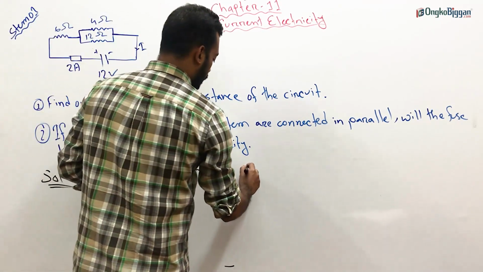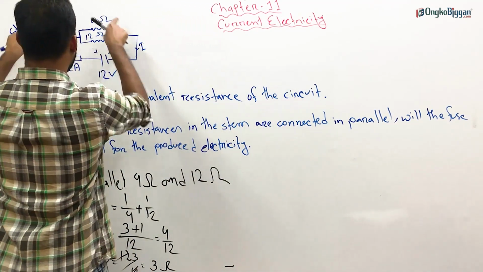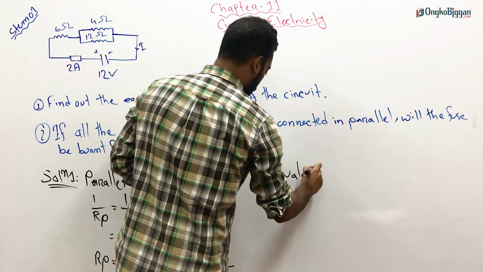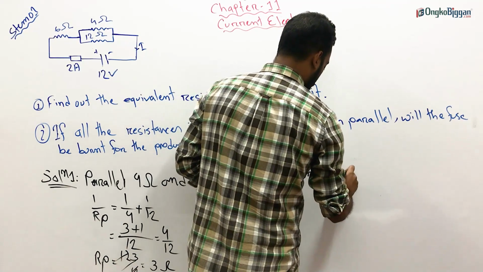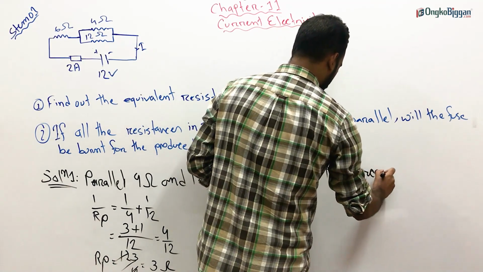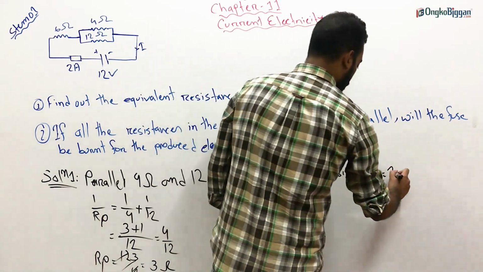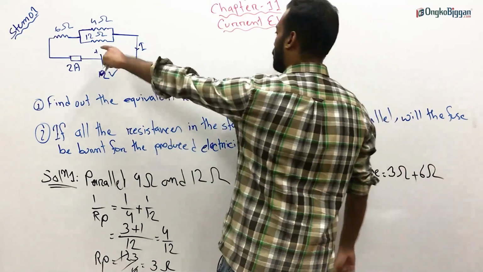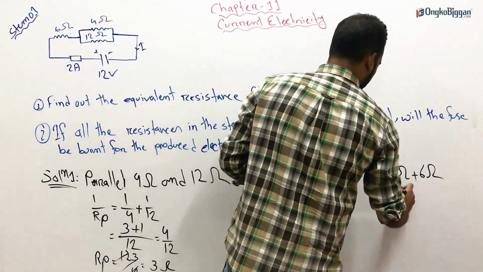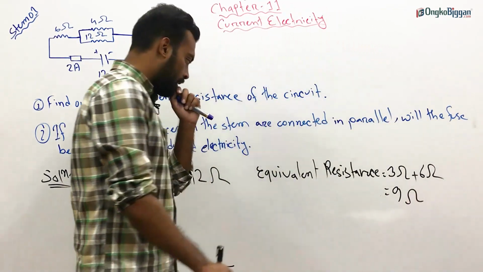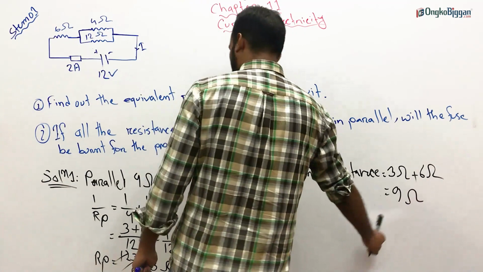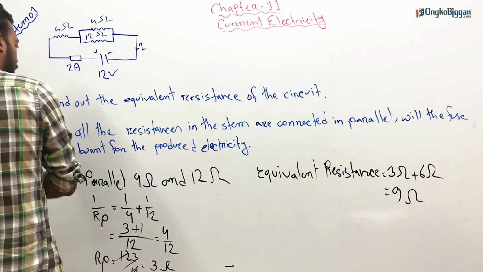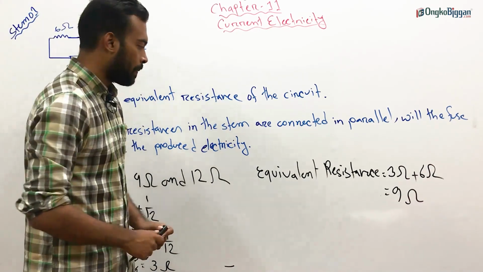Now let's find the equivalent resistance for the whole circuit: 3 ohm plus 6 ohm. 6 ohm was in series, so 3 plus 6 is equal to 9 ohm. So the equivalent resistance is 9 ohm. This is the equivalent resistance of the circuit.